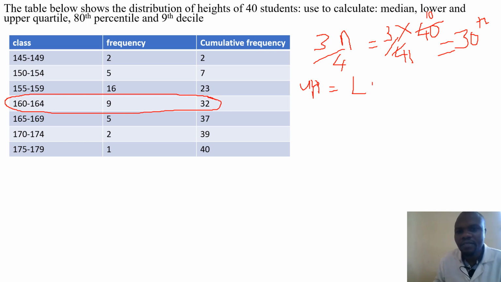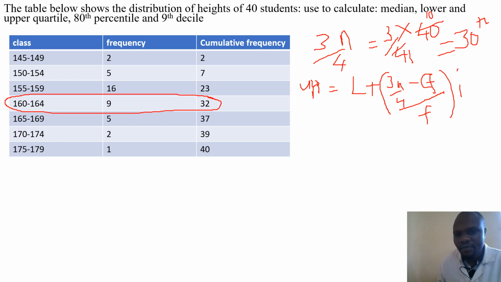Then this one plus 3n all over 4, then minus the cumulative frequency of the above class that we have, then divided by the frequency of that upper class that we have, then multiplied by the class interval.